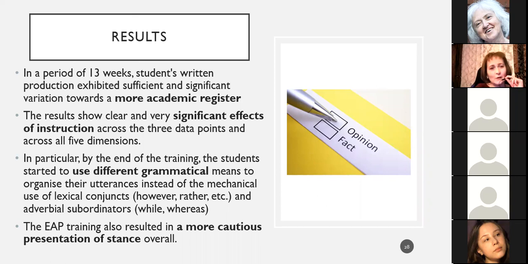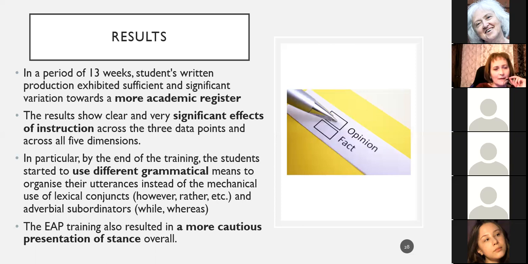So first, he found that in a period of 13 weeks, students' production exhibited sufficient and significant variation towards a more academic register. So the learners' texts became more academic than they were at the beginning of the course. Then the results showed very significant effects of instruction across all the 5 dimensions that he used. You see, he did use Biber's dimensions, but not 6, only 5 of them.